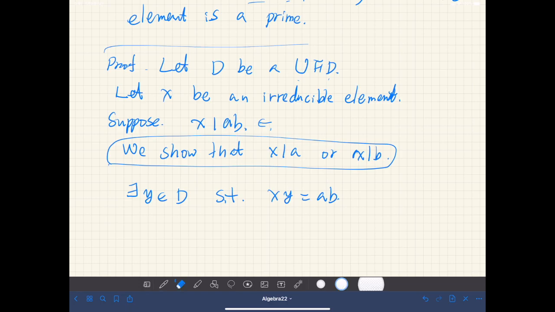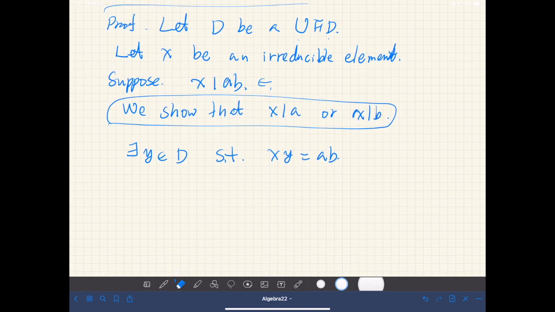Now, since D is a unique factorization domain, we can express a, b, and y each as a product of irreducible elements.